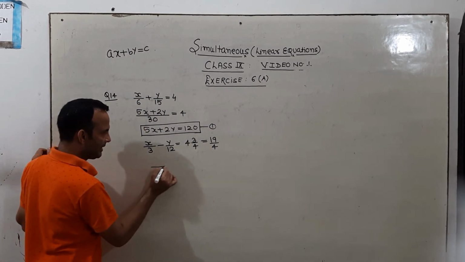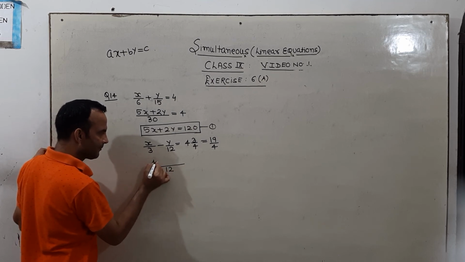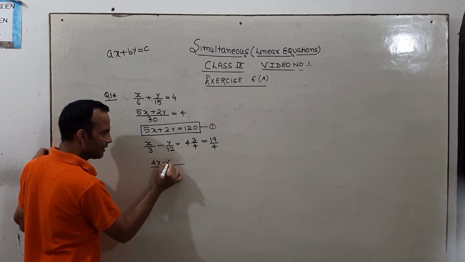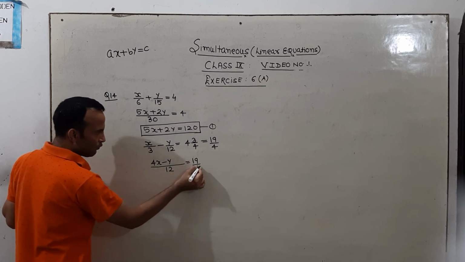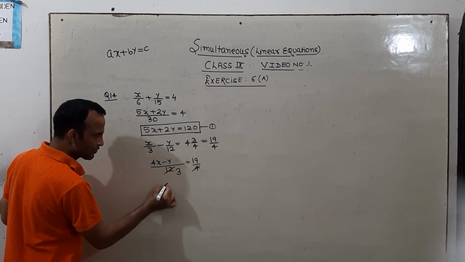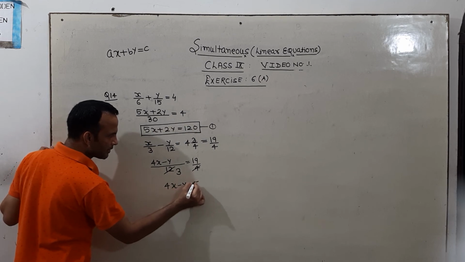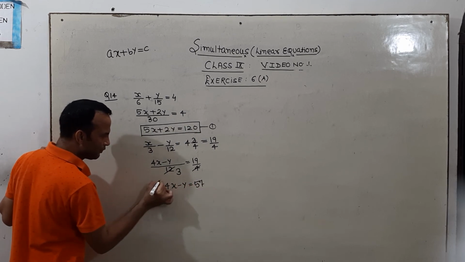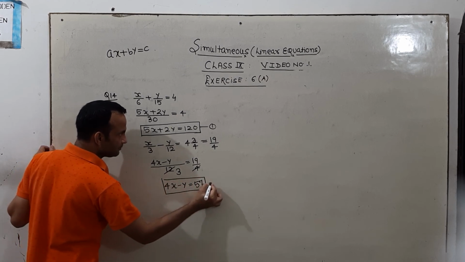Now, LCM is 12. 3 4s are 12, 4x minus y is equal to 19 upon 4. 4 1 are 4, 4 3s are 12. So equation number second is 4x minus y is equal to 57. This is equation number 7.